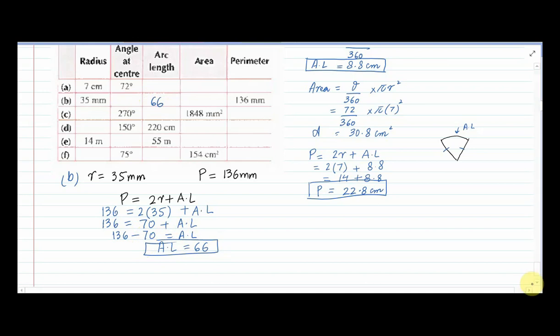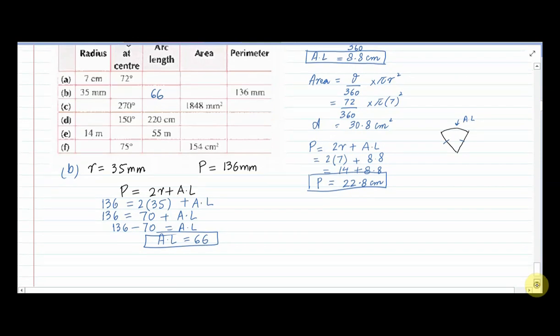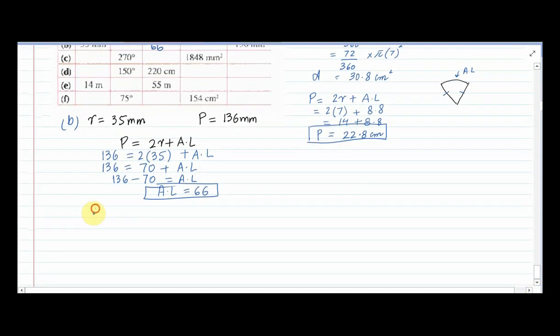Now you need to find the value of angle. With the help of arc length I can find the value of angle. The working formula of arc length is angle divided by 360 multiplied by 2 pi r, and the value of r is 35.